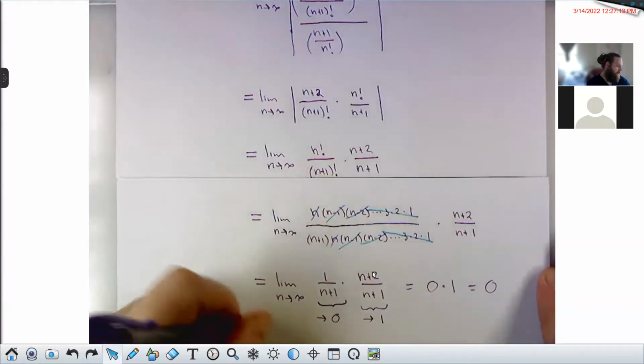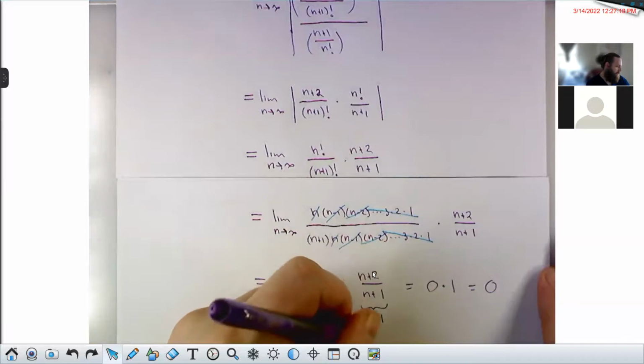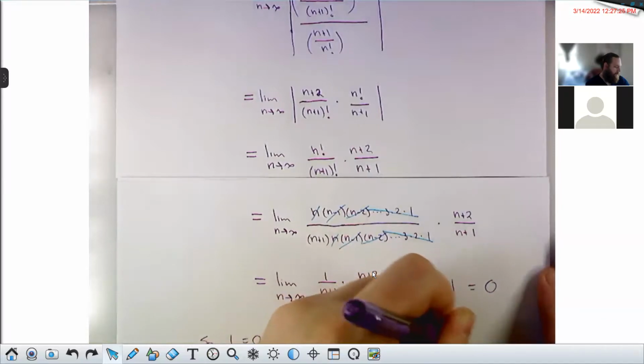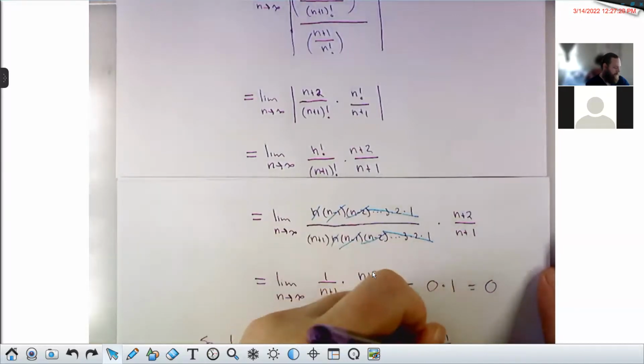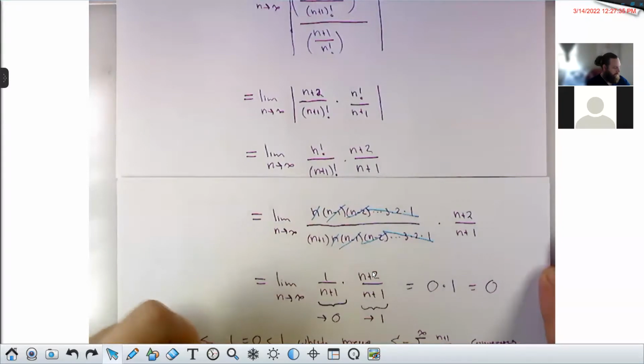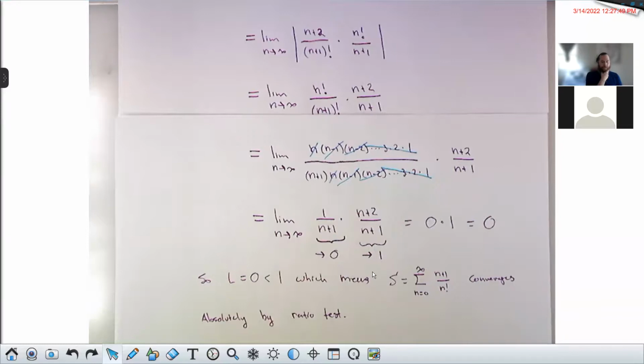So L here is 0, which is indeed less than 1, which means our series S equals the sum of (n plus 1) over n factorial, summed from 0 to infinity, converges absolutely by the ratio test. Questions on this one?